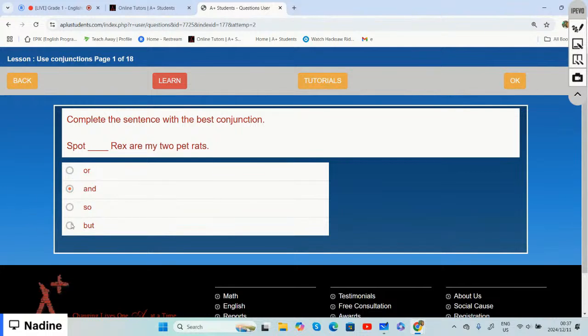And if we were to complete the sentence with the best conjunction, it says "Spot Rex are my two pet rats."